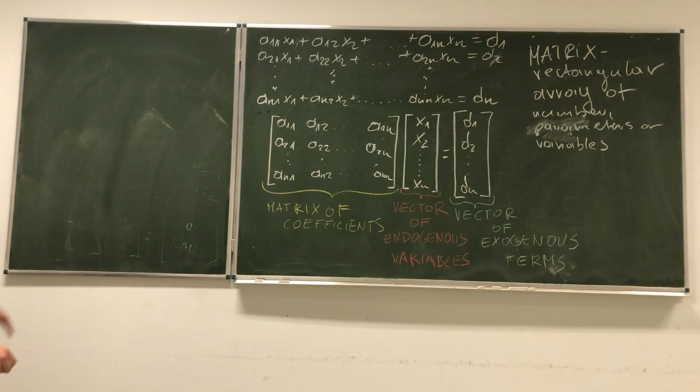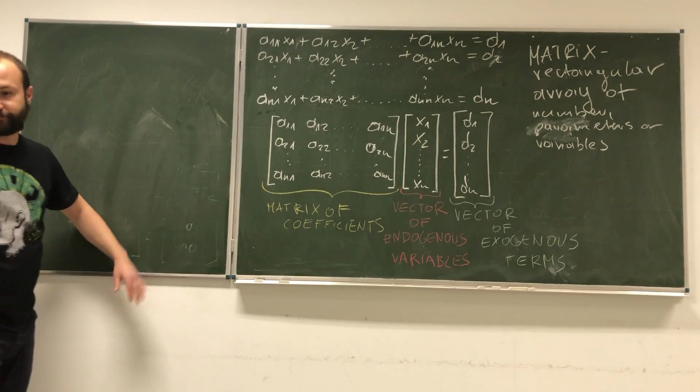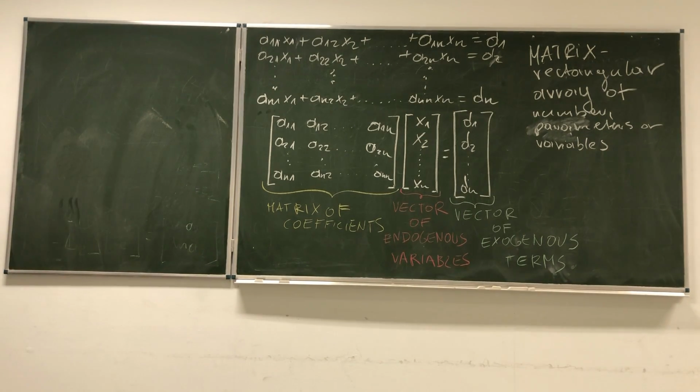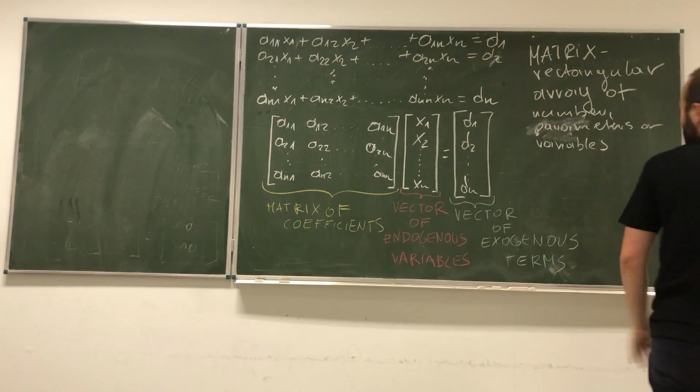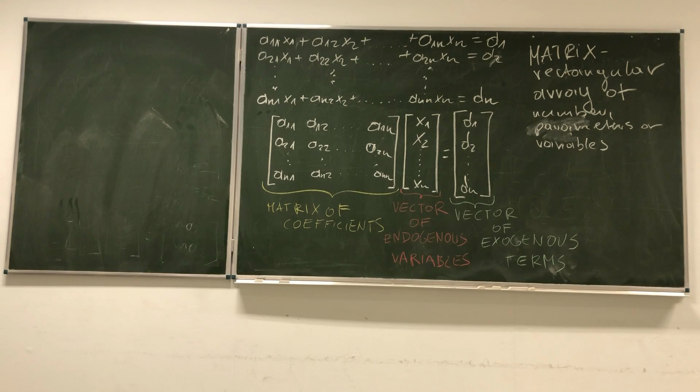Okay, so let's discuss, now that we know that a matrix is a table with numbers or variables or parameters, and each of these needs to be located in a specific order. So how do we construct those matrices?